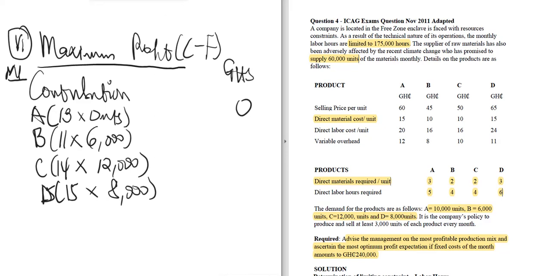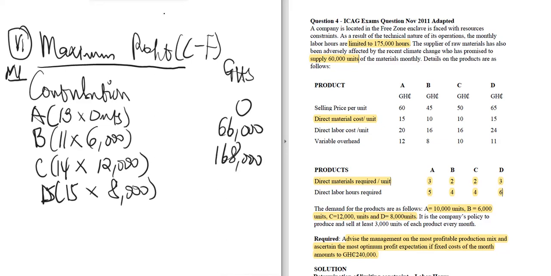So we get it. We have 66,000 contribution for this guy. 14 by 12 should be 168, right? That's 4 plus 2, 6, 4 times 2, 8. So 14 by 12, yes, 168,000.